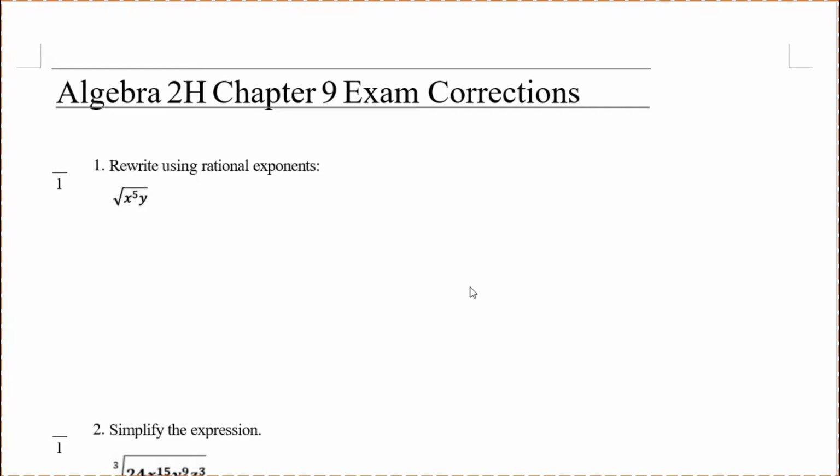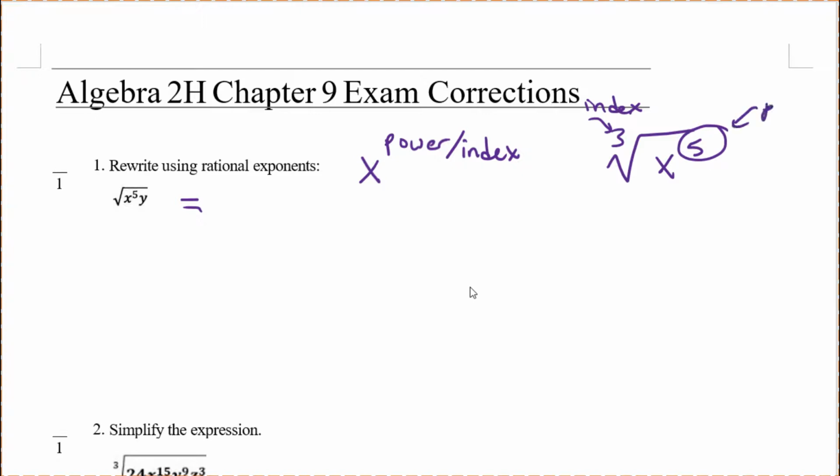So we want to rewrite this using rational exponents. So remember, the rule is power over index. So it's the variable to the power over the index. The index is the number, and then that's the power, right?